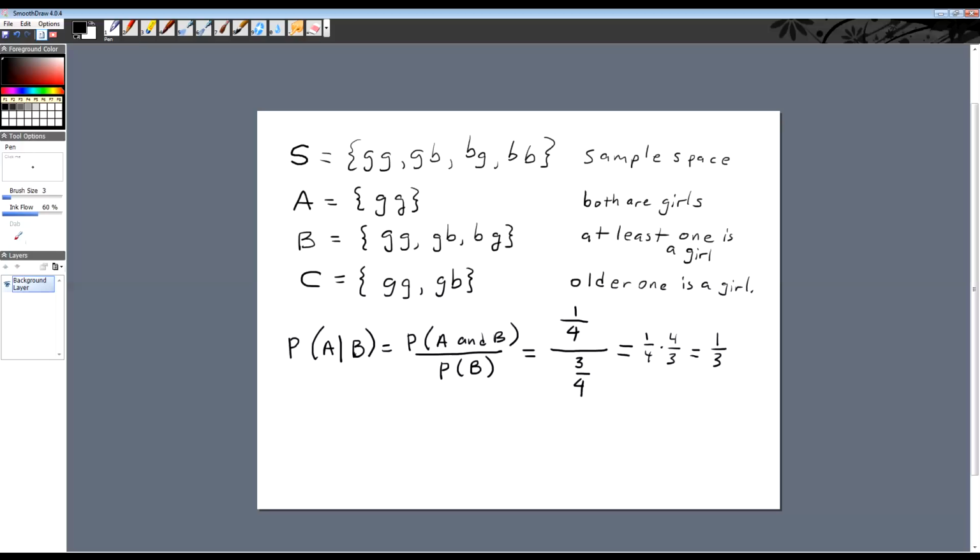And then part B says, what's the probability that both are girls, given the older child is a girl?